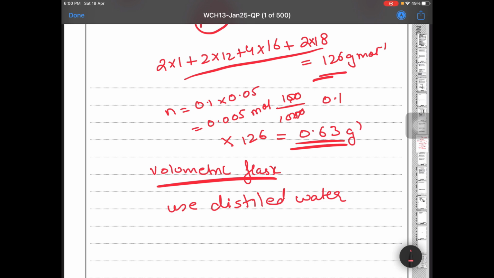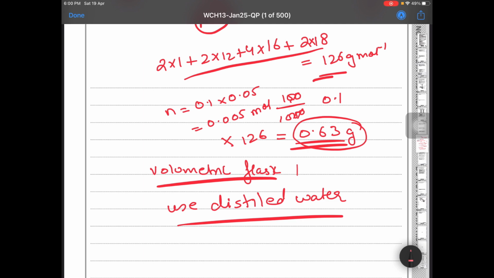So you just take this, transfer it into the volumetric flask, add distilled water up to the mark, and even if washing is required, add the washings also into the volumetric flask and let it dissolve.